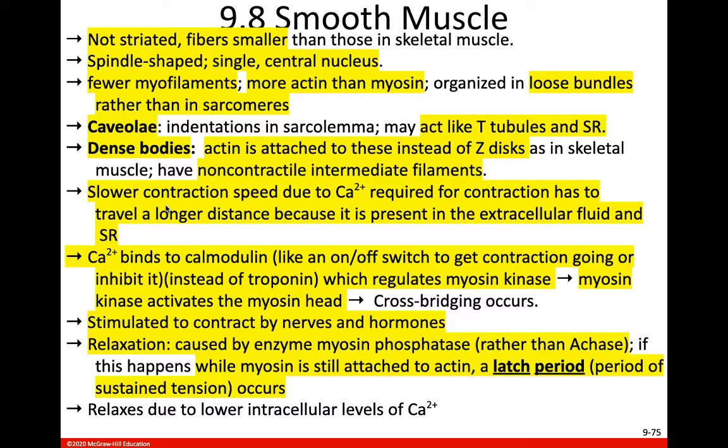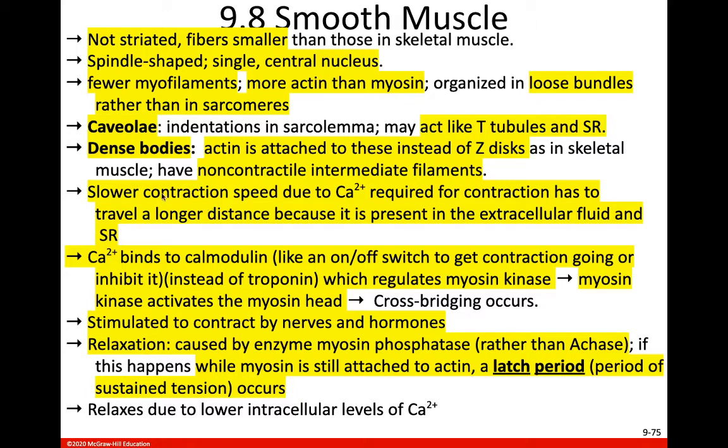Also, our smooth muscle contracts a lot slower than our skeletal muscle. The reason for this, remember, as I said earlier, is that skeletal muscle has all the calcium that it needs for contraction stored in the SR. Once the action potential gets to the SR, this causes the release of calcium. Calcium channels in the SR membrane open, and calcium comes out into the sarcoplasm and attaches to the troponin. Well, in smooth muscle, you have a little bit of calcium stored in the SR, but a lot of the calcium is outside the cell.